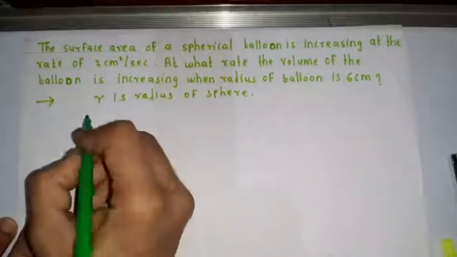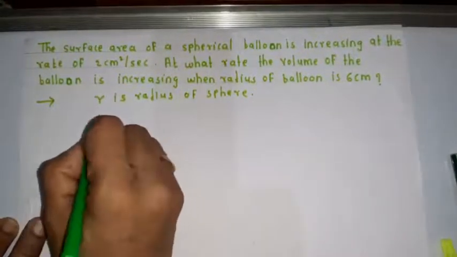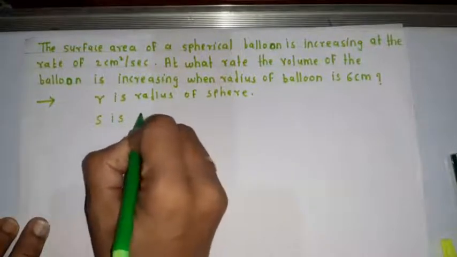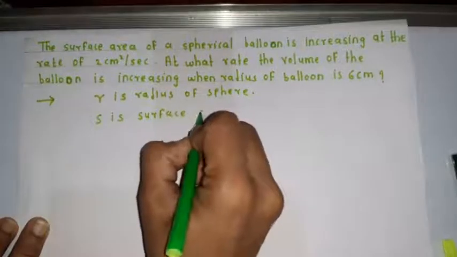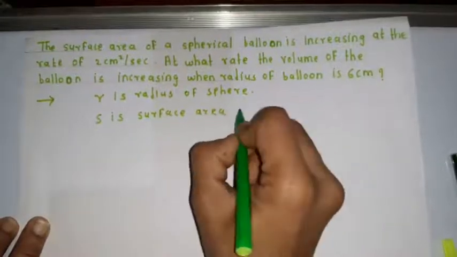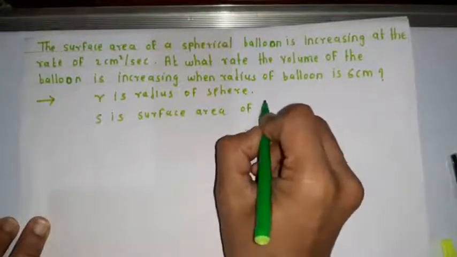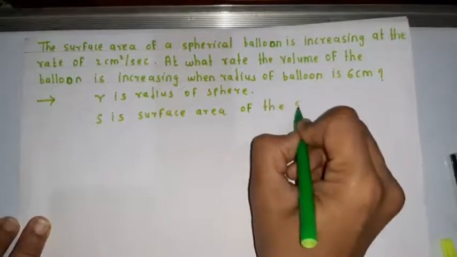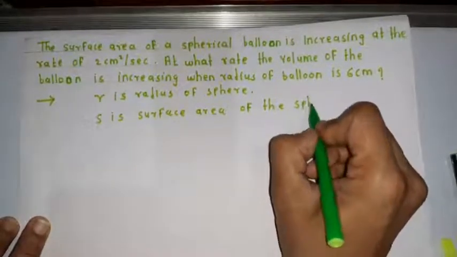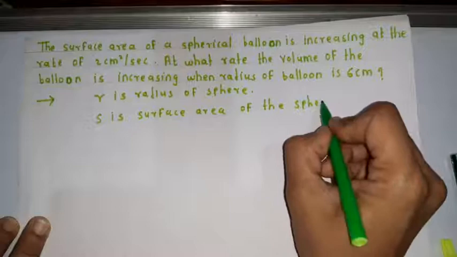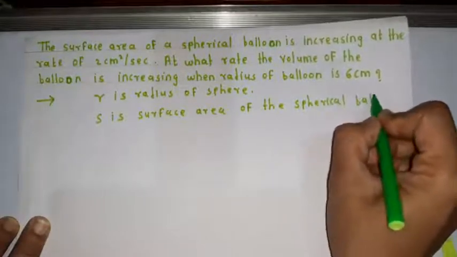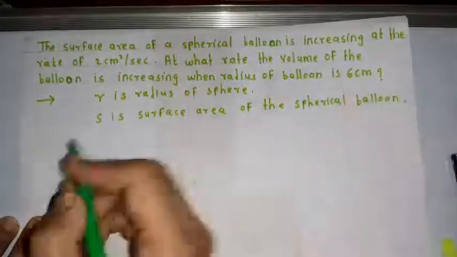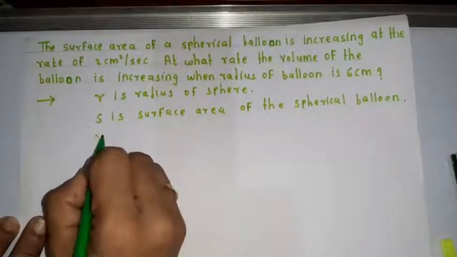Then S is the surface area of the sphere, that is the spherical balloon, or sphere, whatever. And V is the volume.